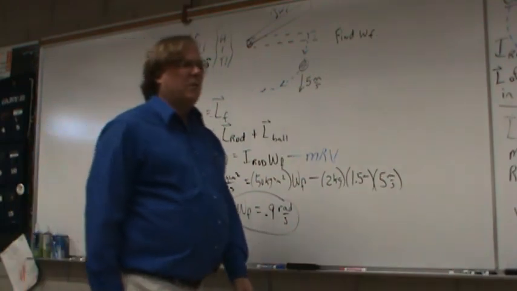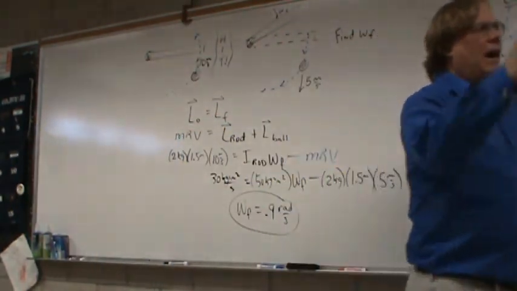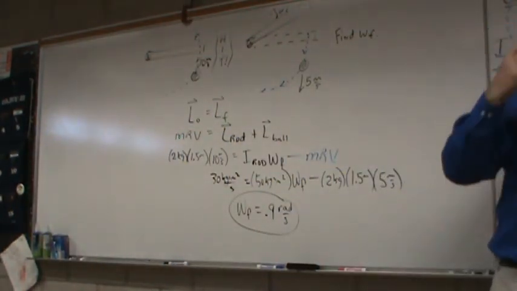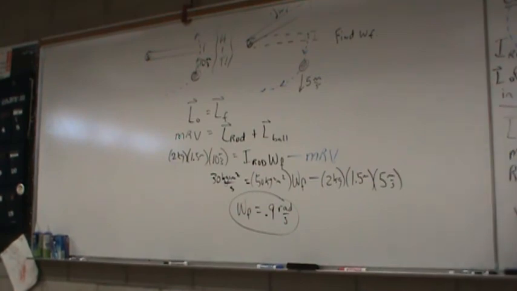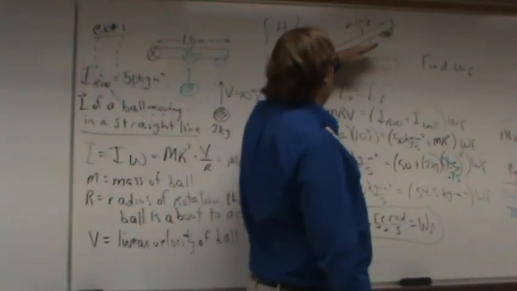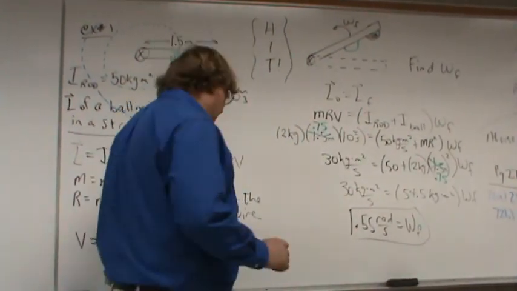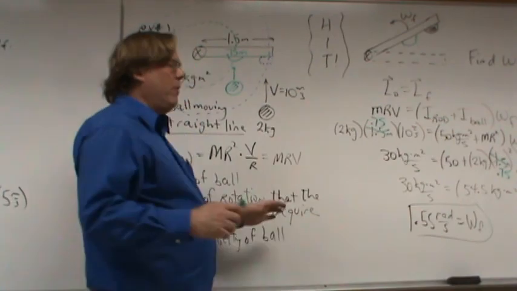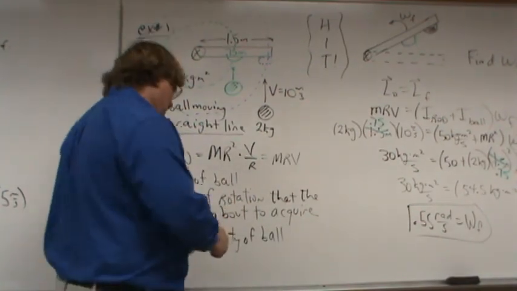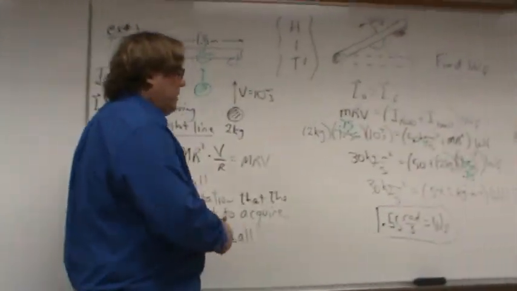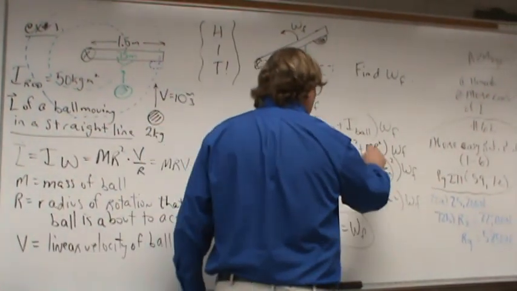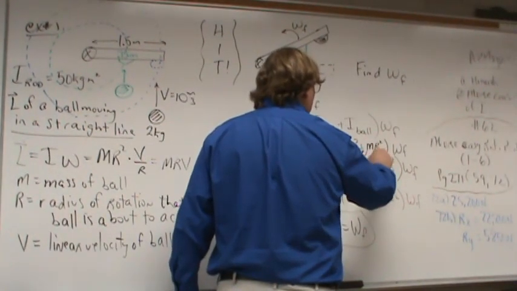Okay, so Fatima's going, hey, I know about men jumping onto carousels. You jump on the carousel, you increase the moment of inertia of the carousel, and the carousel rotates slower. This ball sticks to the rod, increases the moment of inertia of the rod, and the rod's going to go slower. But I want you to see something. How important is that effect? Here, this MR squared ended up being 4.5.